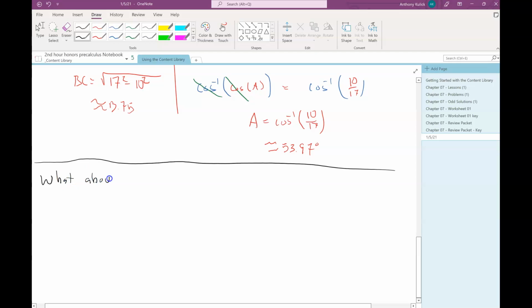So the question that we're left with now is, what about non-right triangles?